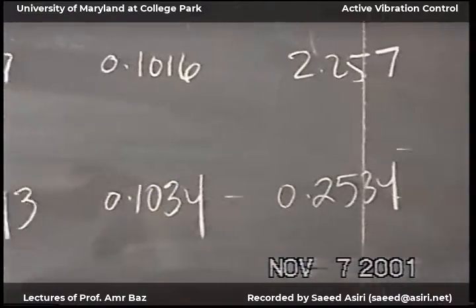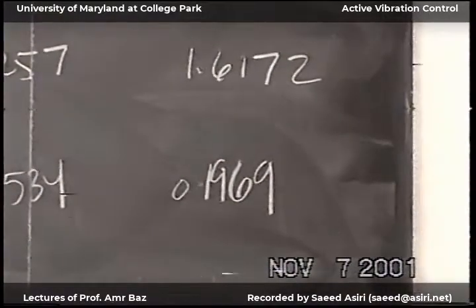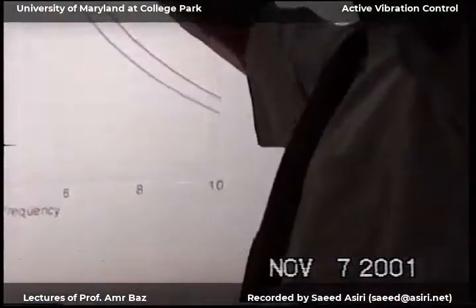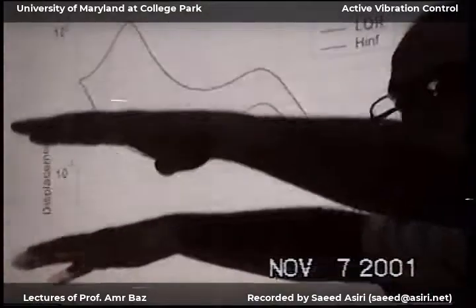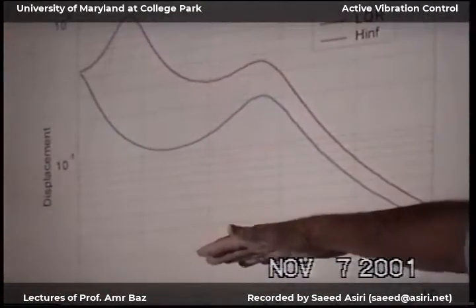So the effectiveness of H infinity appears very clearly in the frequency domain, because it's a frequency domain function and tries to squeeze the peaks and bring them down.